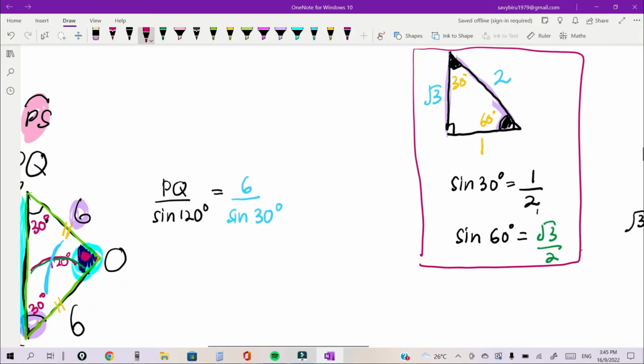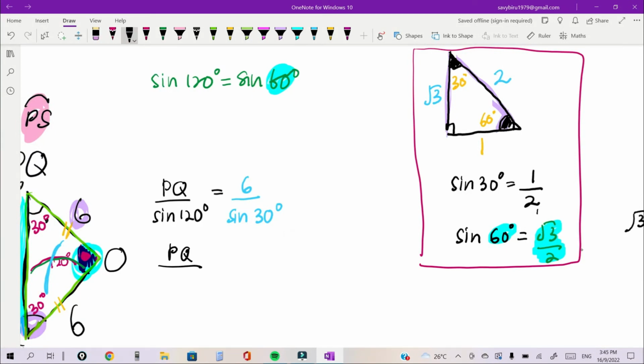Sine 120 is equal to sine 60, so for the special angle sine 60, it is surd 3 over 2. So put in the formula, PQ over sine 120 is equal to 6 over sine 30, that is surd 3 over 2 and sine 30 value is 1 over 2. After you simplify it, you will get PQ as 6 surd 3.